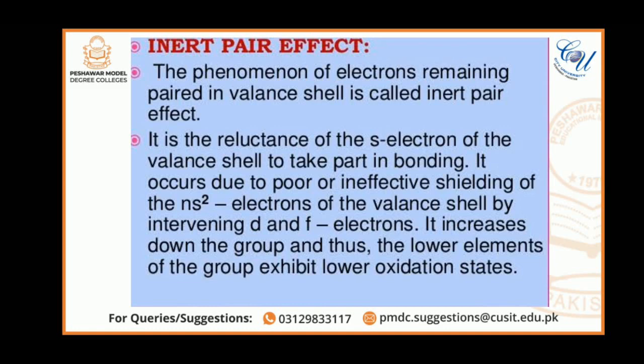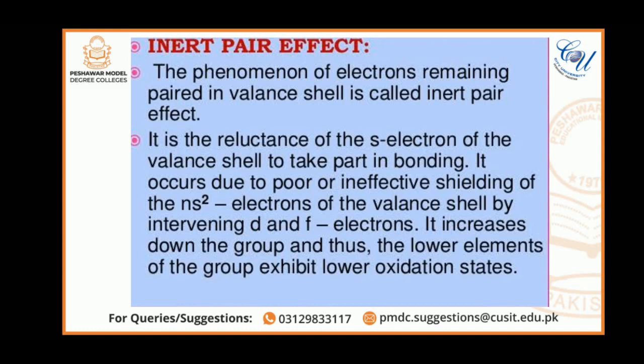So dear students, now we will talk about inert pair effect, that how it affects the stability of cations. It is the phenomena of electrons remaining paired in valence shell, or it is the reluctance of the s electron of the valence shell to take part in bonding.